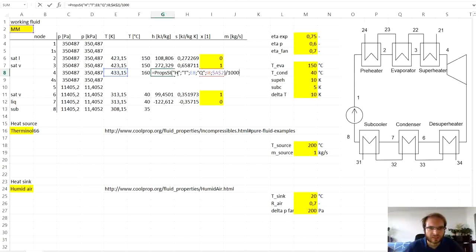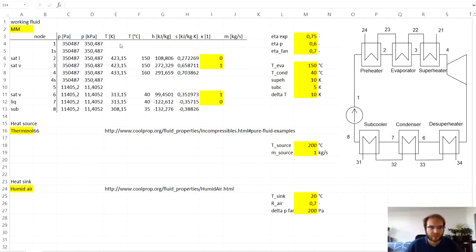We will still want to get the enthalpy based on temperature, but the second parameter will be pressure. And similarly, it will work for the entropy, where the function will just return the value of entropy instead of enthalpy, and the rest will remain the same. Now the same function can be used also at the point 8, because it's subcooled liquid.